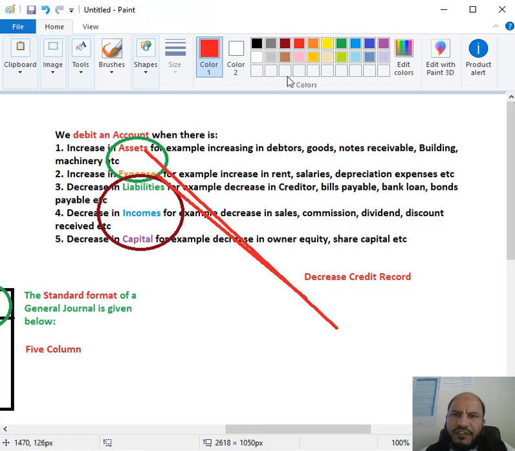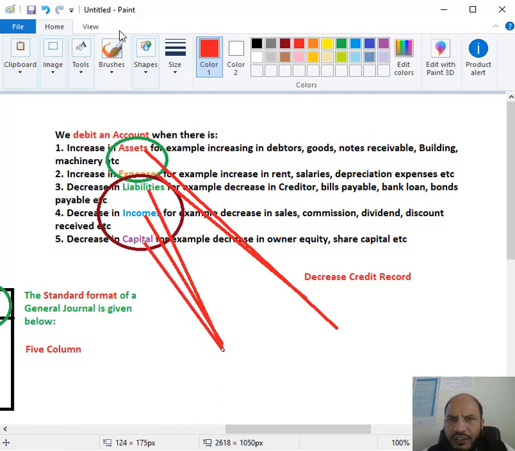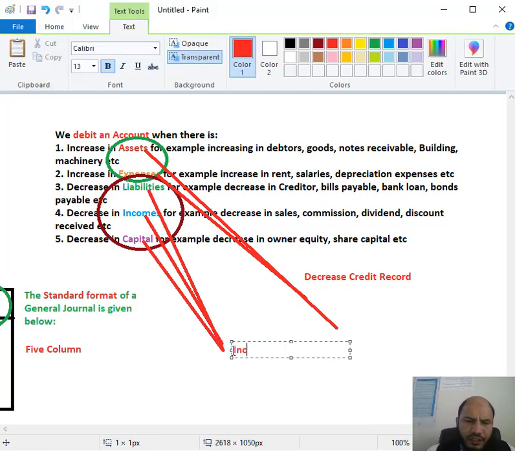But if there is an increase in liabilities, increase in income, and an increase in capital, if there is an increase in all these things, so what we will do, we will record it as a credit record of the business transaction.